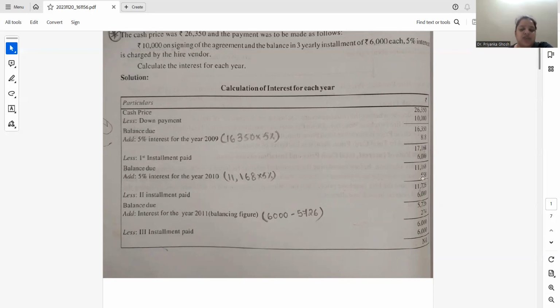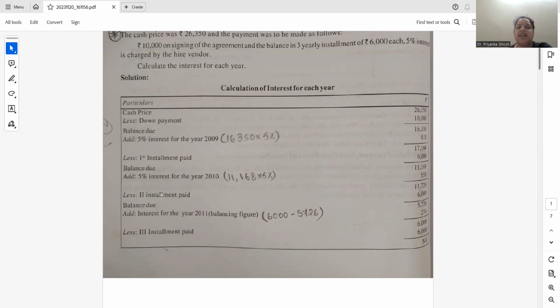As usual, we add this interest back to the balance due, so the total due comes to 11,726 rupees.